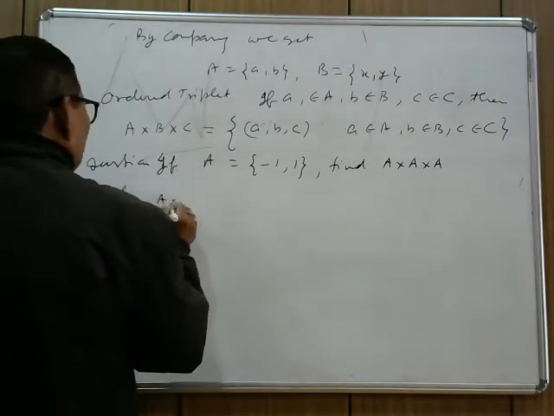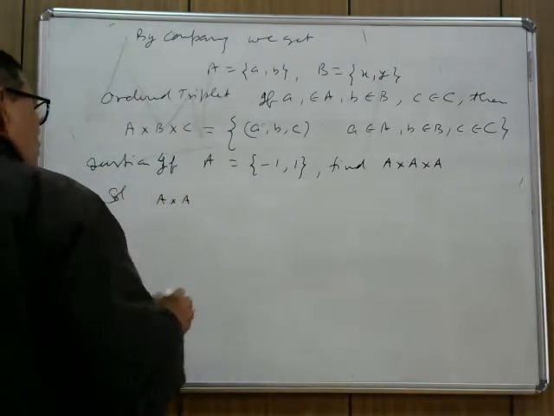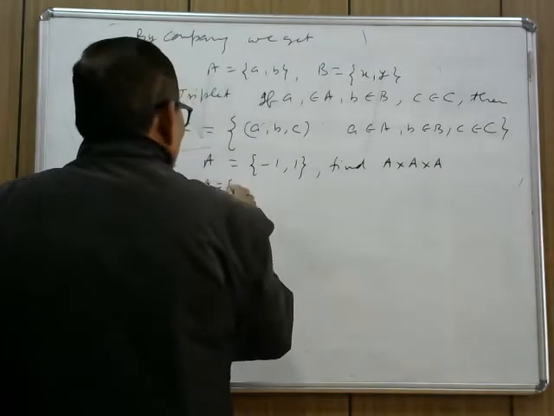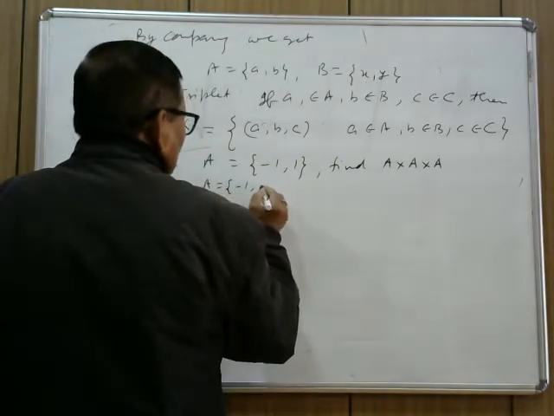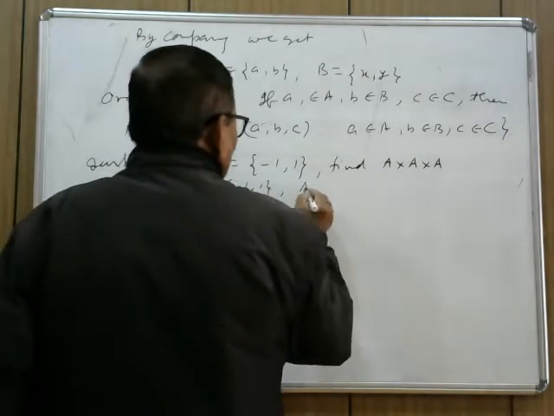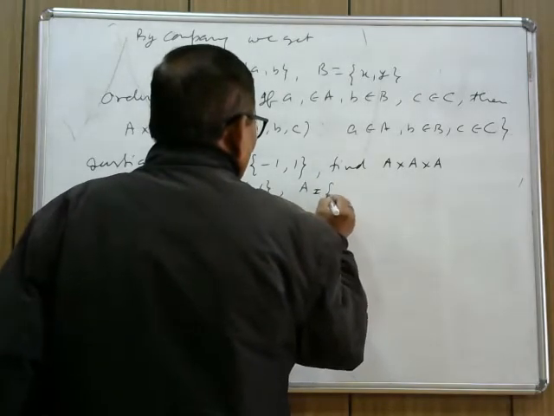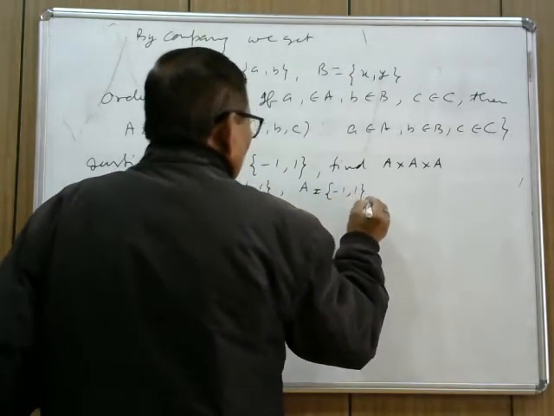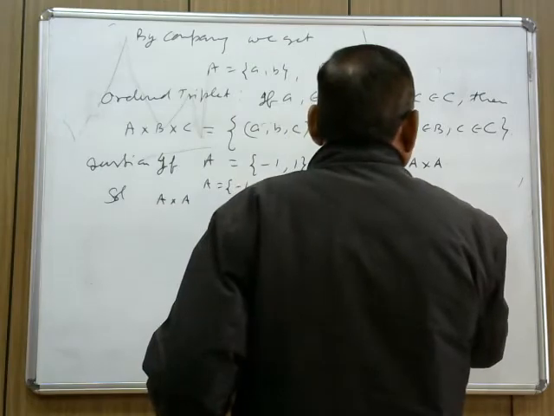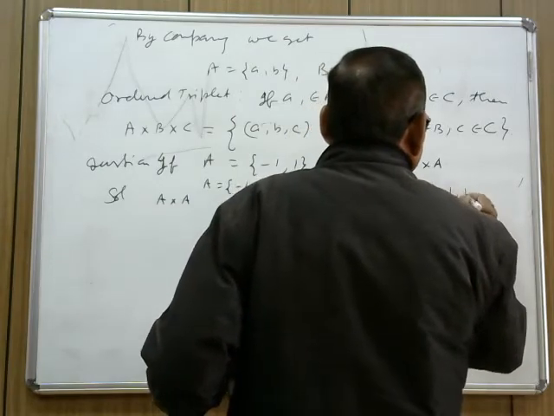Find A cross A for the given set. You write the same set 3 times, that is for your convenience. {-1, 1}, A is again the same set, and the third is A, {-1, 1}.